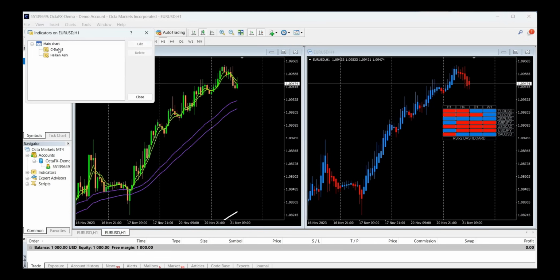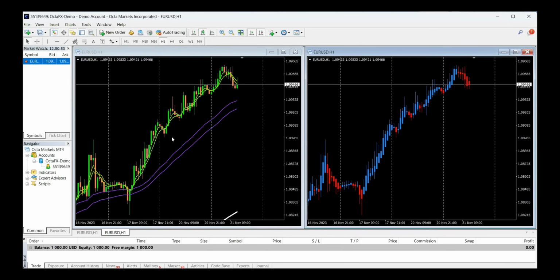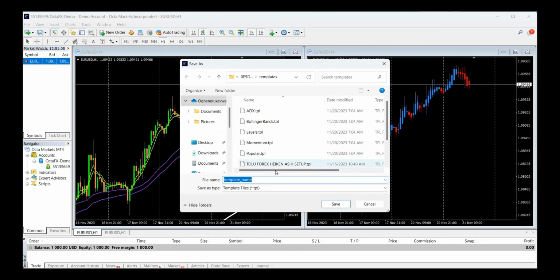Any other thing I'm not seeing? I want you to see it very well. That's why I'm removing every other thing from there. Okay. So this is the Heiken Ashi chart, right? This one here is, let me save this template first. EMA.